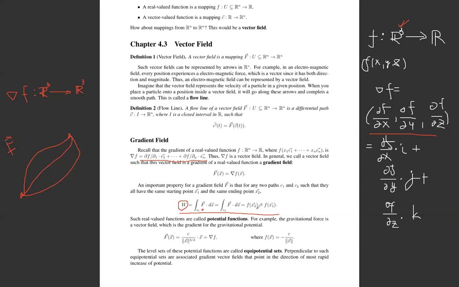And such a value is actually given by the real value function f whose gradient is the field, and you just plug in your endpoints into the function here.